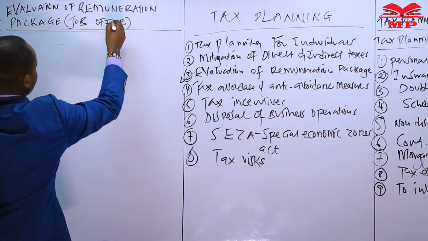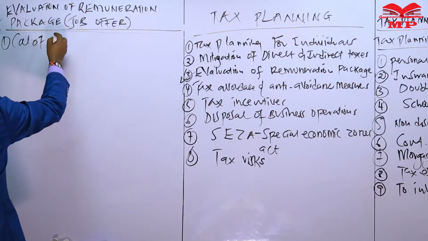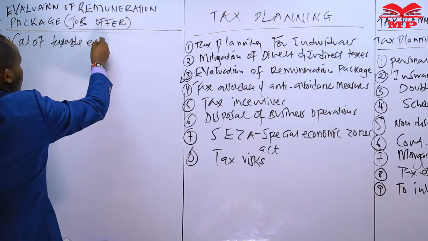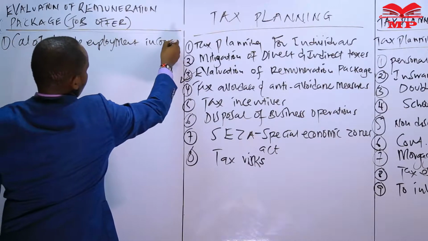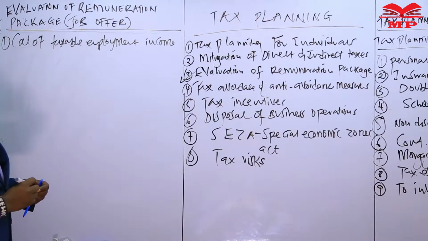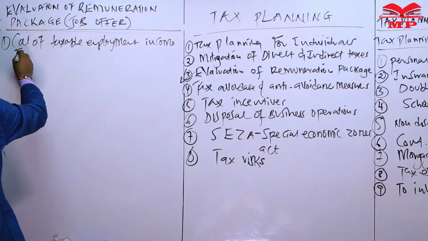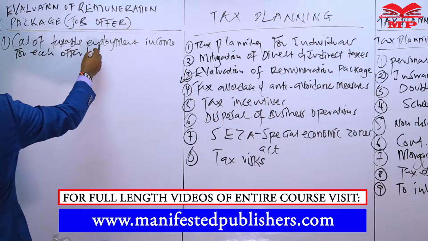Step number 1 will be calculation of taxable employment income. So the amount that we need to tax, and it should be for each offer or alternative.